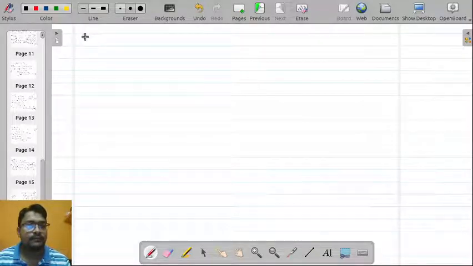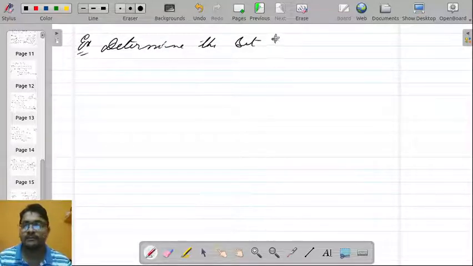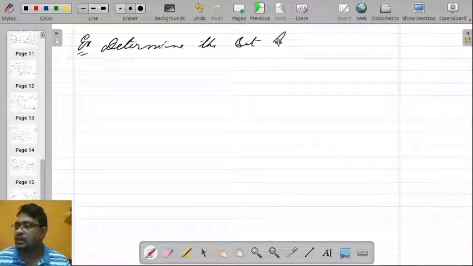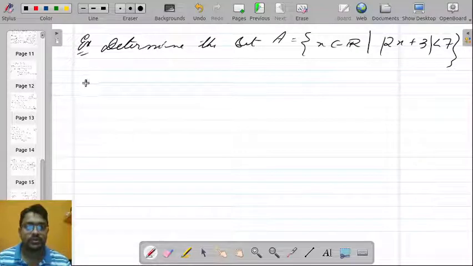Say another exercise: determine the set A equal to the set of all those real numbers which satisfy mod of twice x plus 3 is less than or equal to 7. Okay, so how do you determine this?